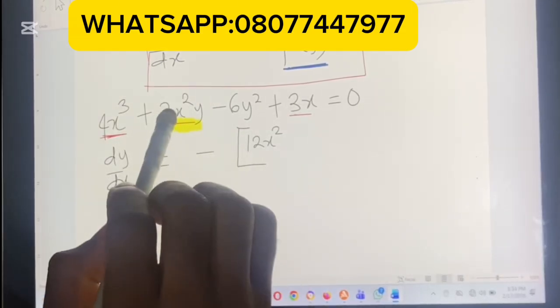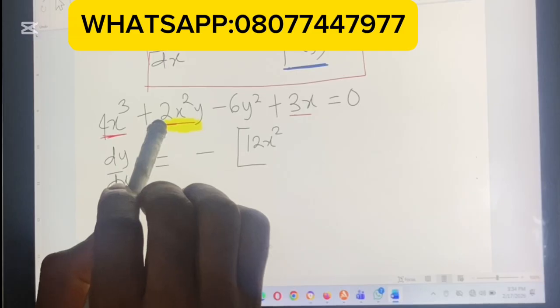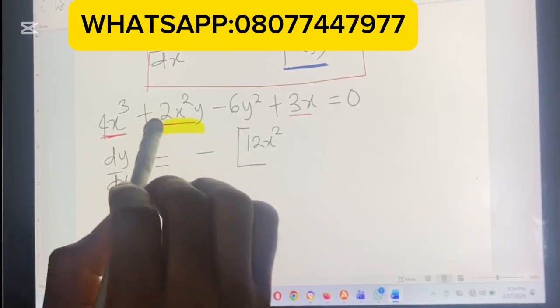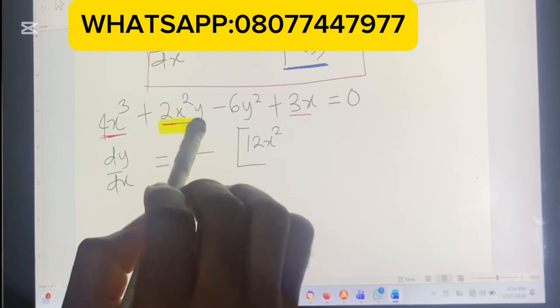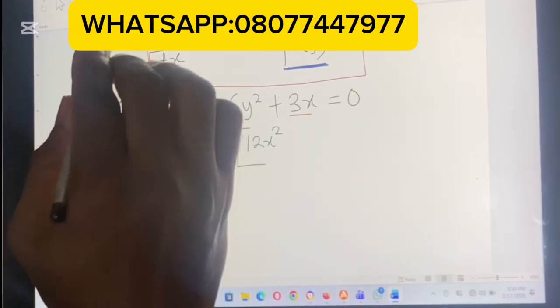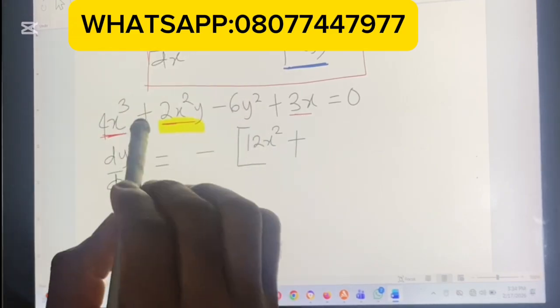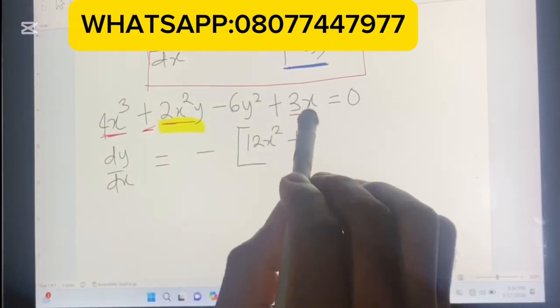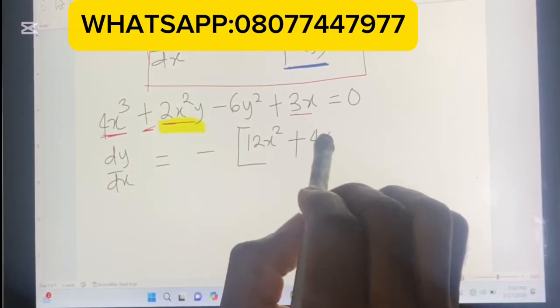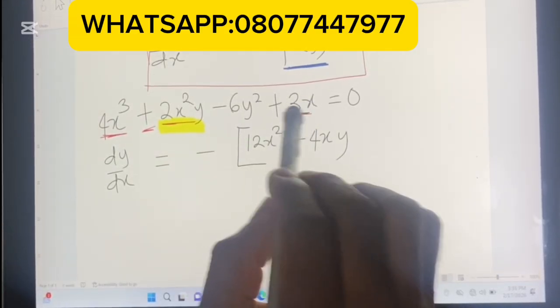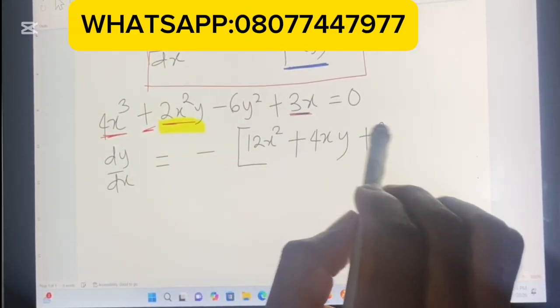When you differentiate the s, you have 4s, and you take the result of everything here to be 4sy. Please take note. So I will have plus, the plus is this sign here, plus 4sy. So now let's differentiate this last term here, I will have plus 3.